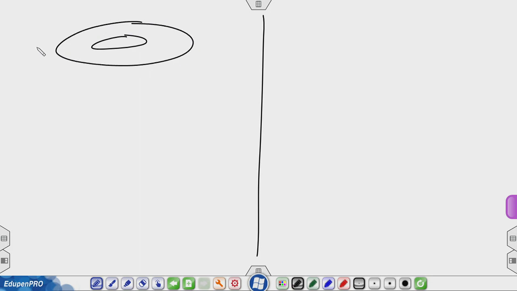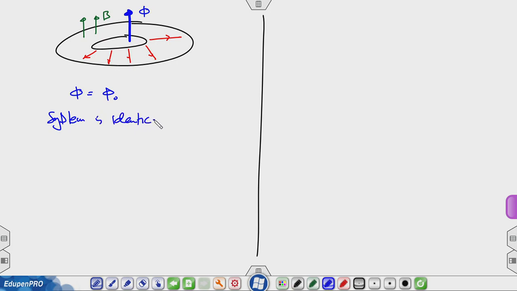So, here is this annular shape, and there is B, and you introduce this phi. Consequently, electrons get transferred to outside, and when you go to phi equals phi naught, the system is identical to the original system.